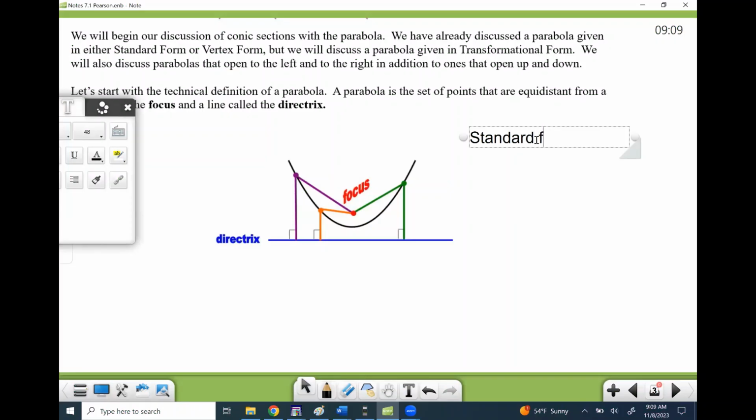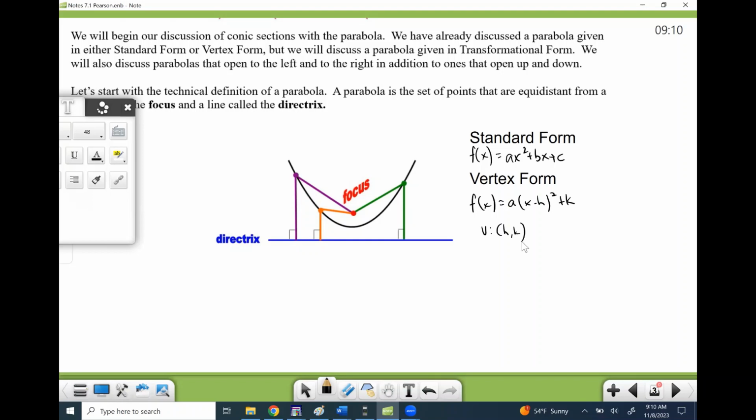Okay, standard form is when it's just ax squared plus bx plus c. And then the vertex form, you like vertex form because you can see the vertex really fast. Always h comma k for the vertex, right?